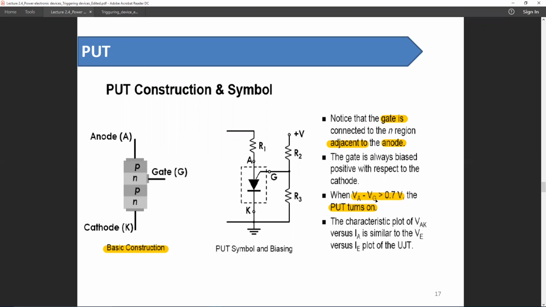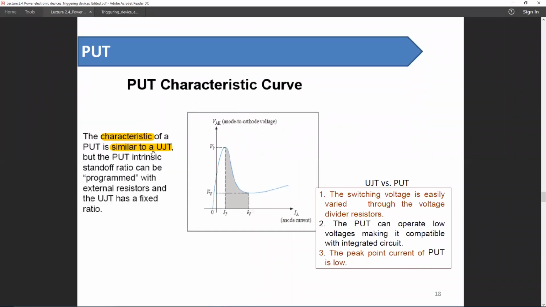So VA minus VG must be greater than 0.7 in order to turn on this PUT. We can adjust this value by this voltage divider network R2 and R3. Other than that, the characteristic curve is similar to that of an UJT.